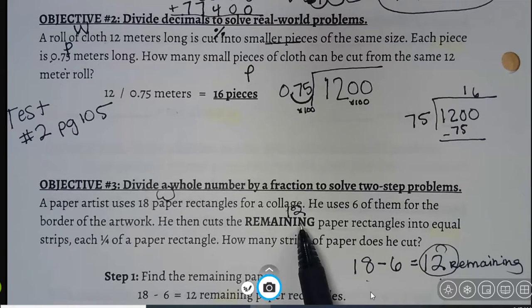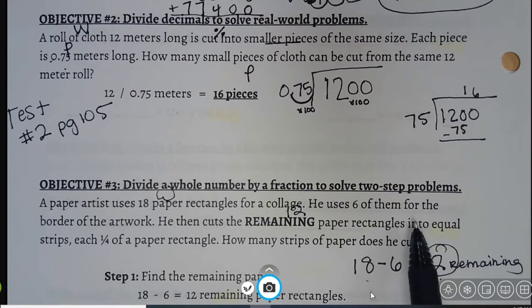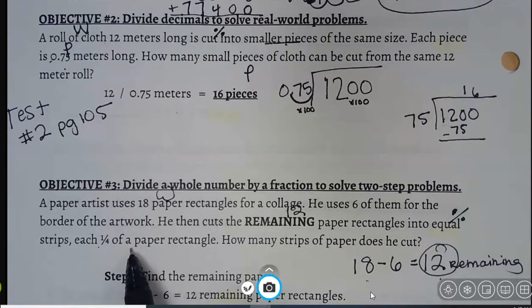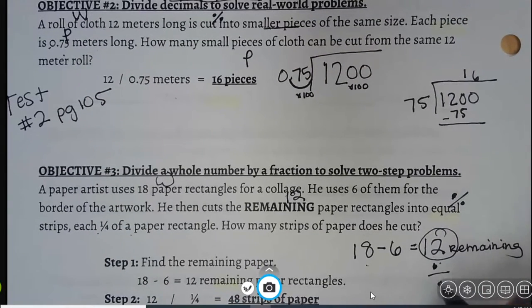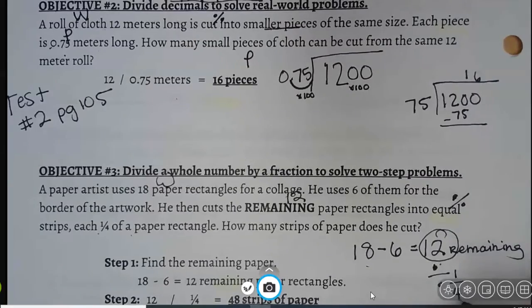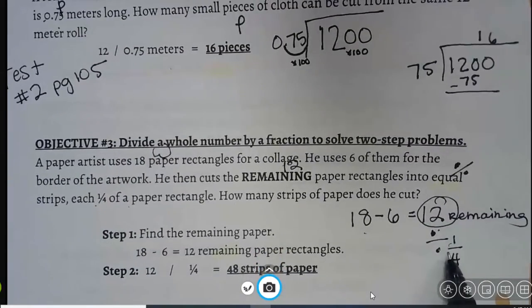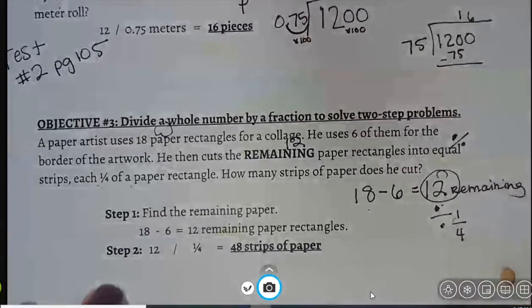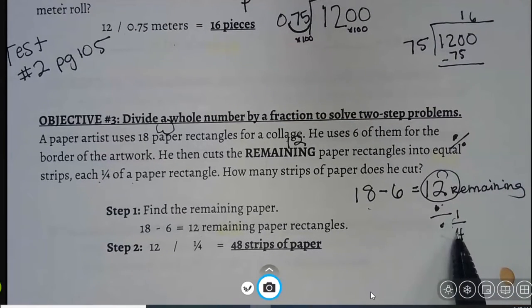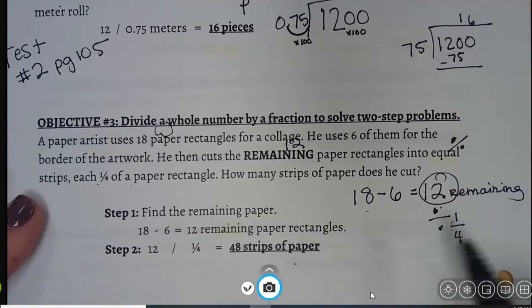So he cuts the 12 remaining paper rectangles into equal strips. When I see equal strips, I know I'm dividing, each 1/4 of a paper rectangle. So I'm going to do 12 divided by 1/4. If your brain likes to work with decimals, you could always change this 1/4 into 25/100, which would be 0.25, and then your answer would have to be either in a fraction or a whole number.